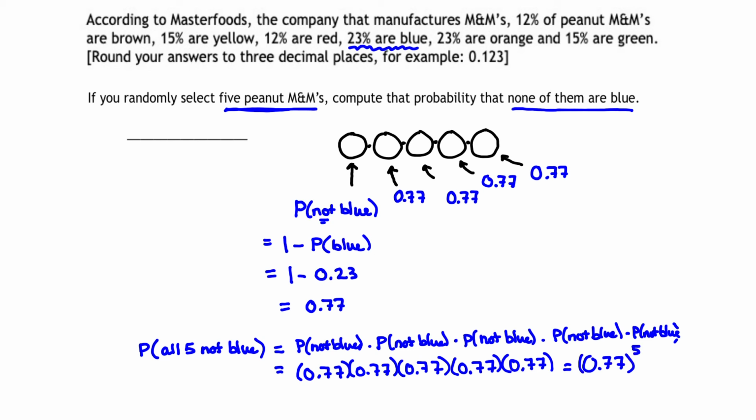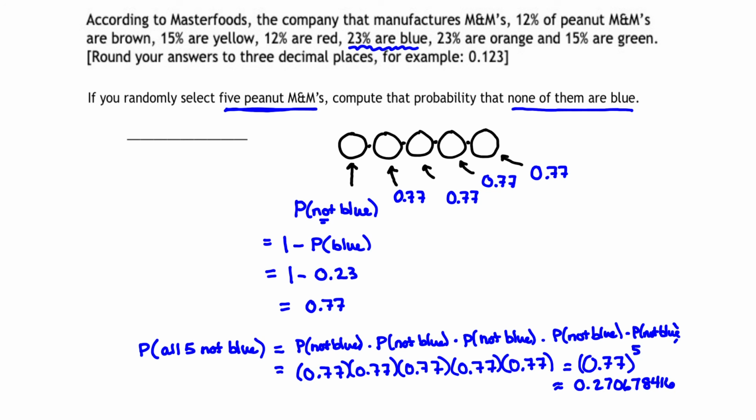Let's whip out our calculators. And we have that 0.77 to the 5th power is approximately equal to 0.270678416.